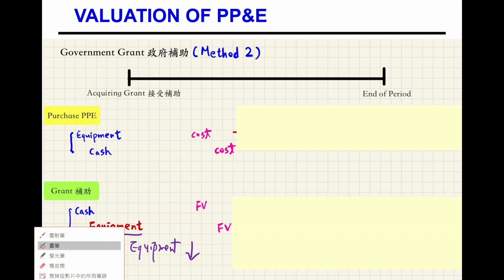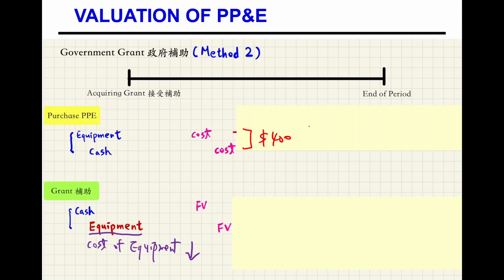For example, if you spend 400 to buy your equipment, but at the same time, you got the grant from the government, 100.